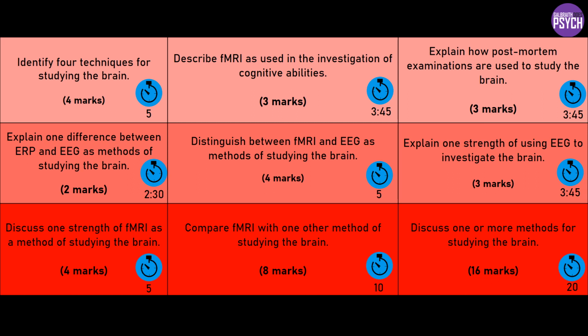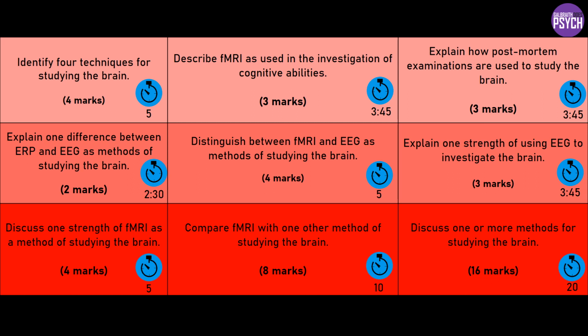Last row. Discuss one strength of fMRI. So here you want to explain a strength and then give some development or some counter-argument or some kind of discussion. So a strength of fMRI is that it has good spatial resolution. It can be used to investigate deeper regions of the cortex. It can be used to investigate small areas of the brain, something like that, which maybe makes it more useful than other methods.